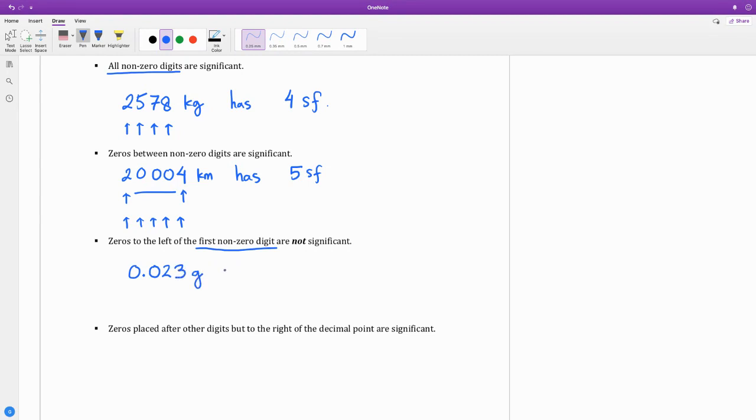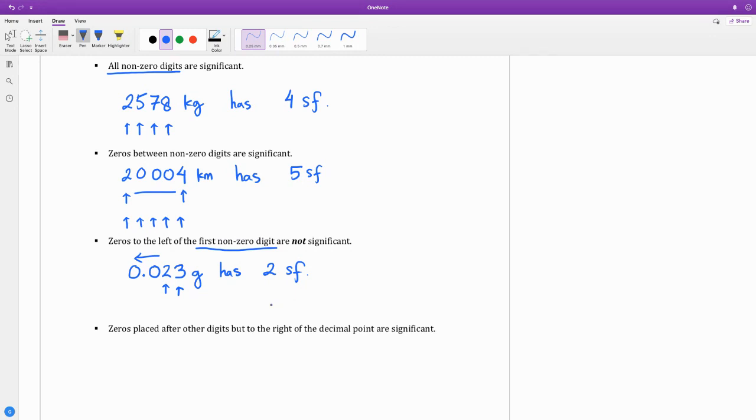This number has two significant figures because the zero to the left of the first non-zero digit, the first one being 2, is not significant. So we only consider 2 and 3. We have two significant figures.